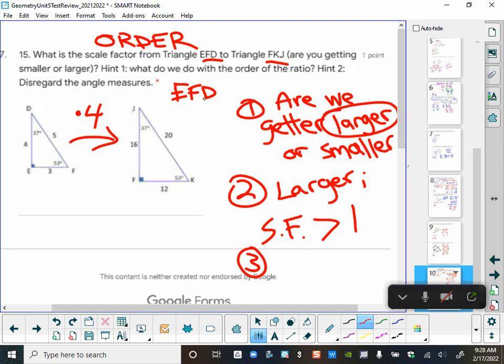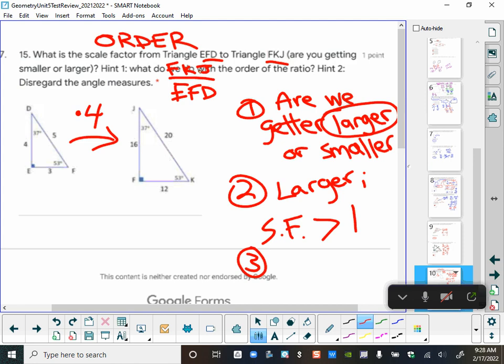Do we keep this order or do we have to flip? Who remembers? We have to flip our order. So you would put F, K, J above EFD.